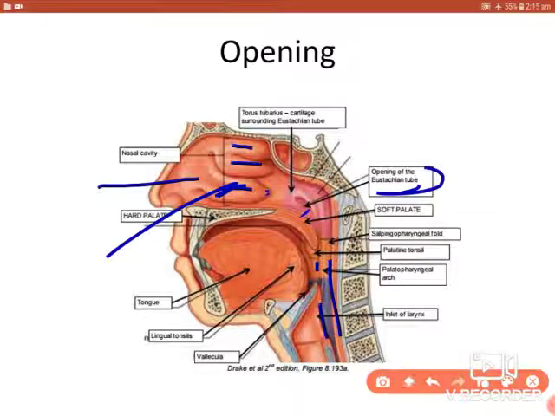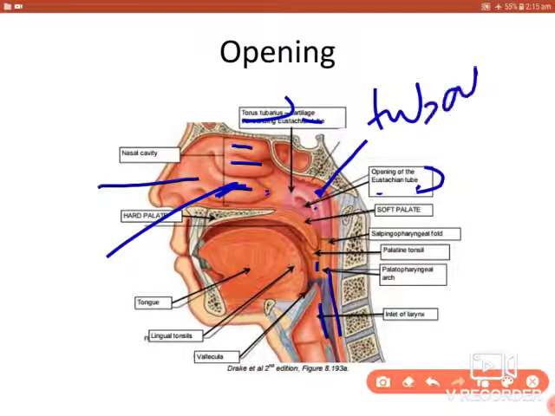Here there is an elevation. This is due to the cartilage that is called the torus tubarius, this part. Just behind this elevated part, there is a small elevation. That is due to the tubal tonsil.